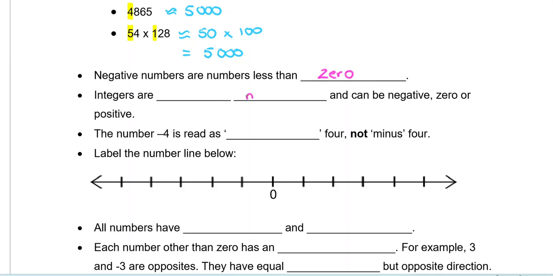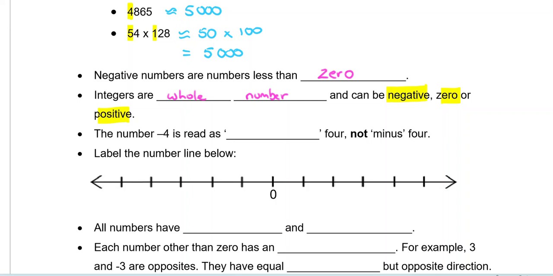Numbers is the second word, but not positive. No, not negative. What else could it be? Whole numbers. Because yes, they can be positive numbers, but they can also be negative numbers. As it says here, negative, 0, or positive.